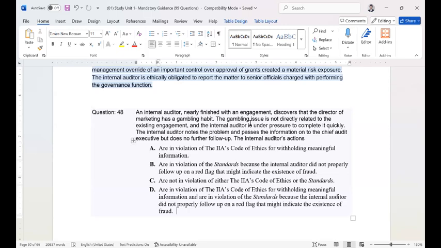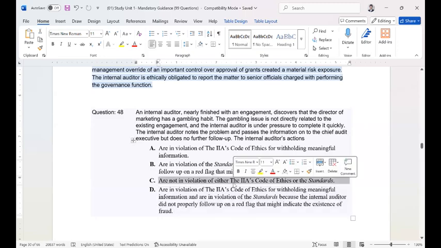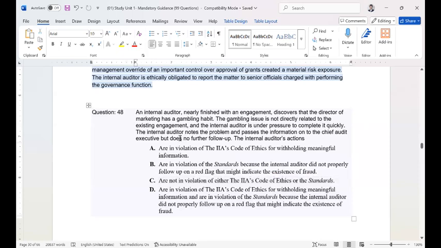Anyway, the examiner who set these questions feels that there is no violation of the code of ethics or standards. I also feel there may not be a violation.